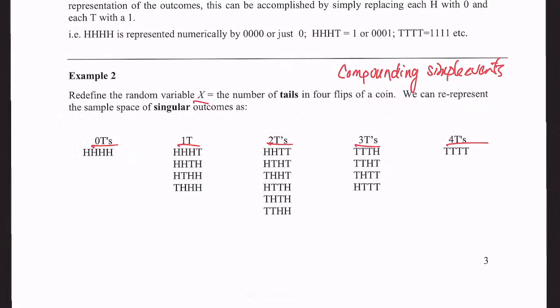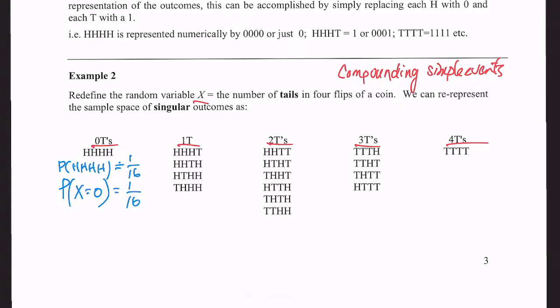So this would be, let's figure out what's the chance that X equals 0, which means no tails. The chance that X equals 0, well, there's only one way, and we know the probability of that outcome, because we figured it out above, is 1 out of 16. So that means the probability of X equals 0 is 1 out of 16.